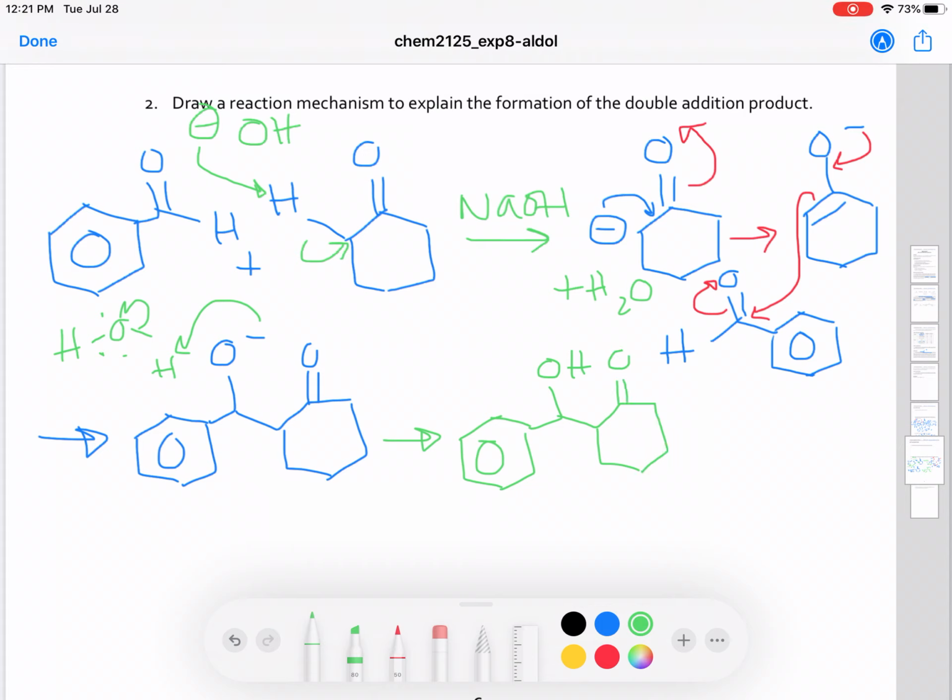Okay. And then the next part, you have another alpha hydrogen right there. So the same thing happens. The same thing repeats. Hydroxide ion goes and grabs this hydrogen, gives its electron to this carbon to form a carbanion, enolate ion.